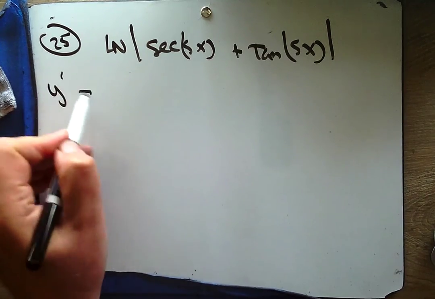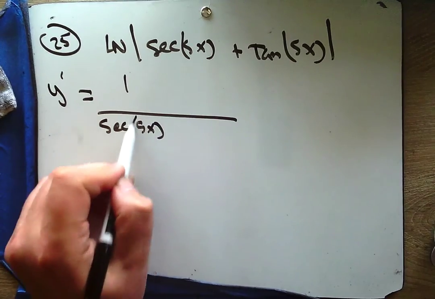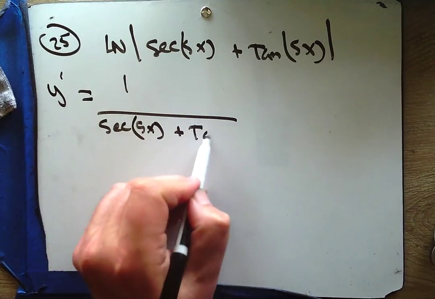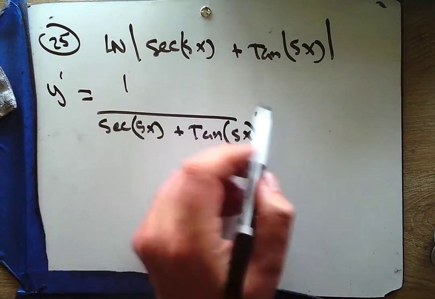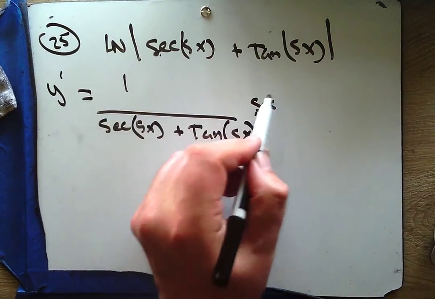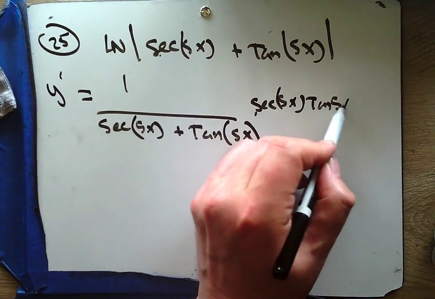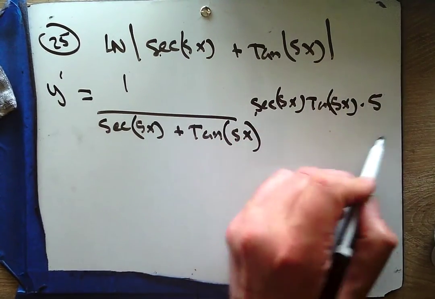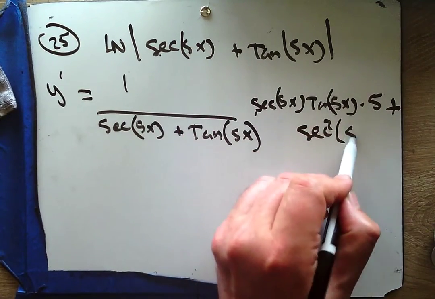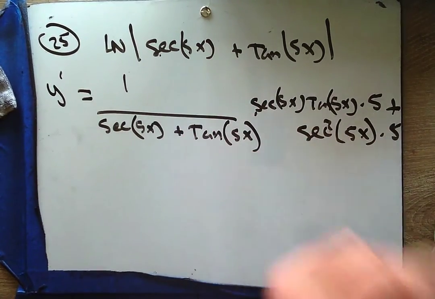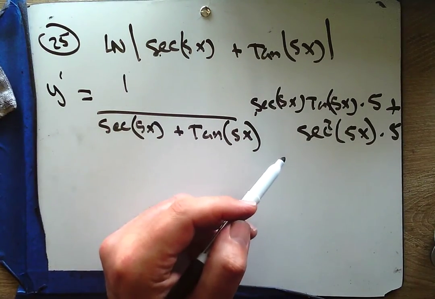So y prime, 1 over stuff times the derivative of stuff, derivative of secant 5x, tangent 5x times 5 plus the derivative of tangent, so all this stuff is on top.